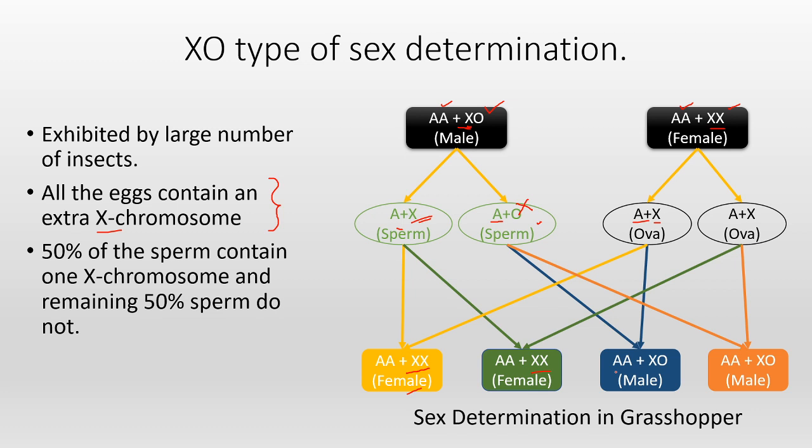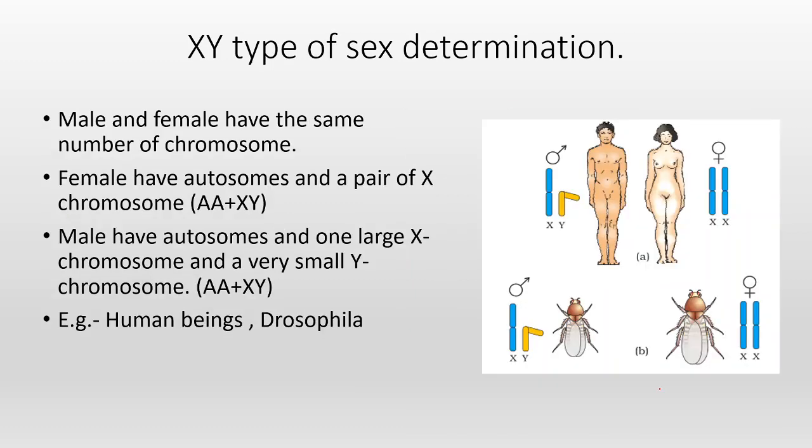But when the sperm with only the autosomes fuses with one of the ova, you are going to get the male, as it has all the autosomes with only one sex chromosome, one X chromosome, and no pair condition. So this is the XO type of sex determination we see in case of grasshoppers.